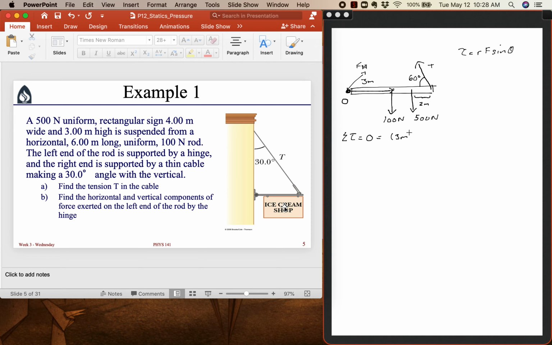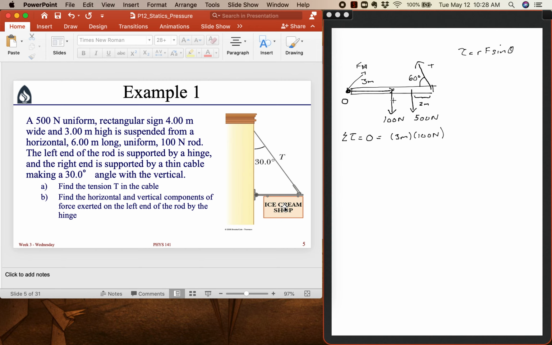So that is the length of our moment arm. The amount of force is 100 newtons. And theta is 90 degrees between the direction of the moment arm and the direction of the force, and the sine of 90 is equal to 1. So I would just be multiplying by 1.